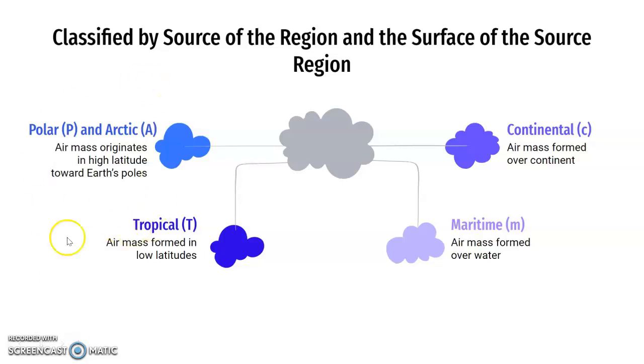So we have one group that focuses more on temperature, and the other that focuses on the moisture characteristics. So if you had, say, an air mass that formed in the lower latitudes over water, then it would be a tropical maritime, and you could label that as a capital T, lowercase m. So you combine these two to fully classify an air mass.